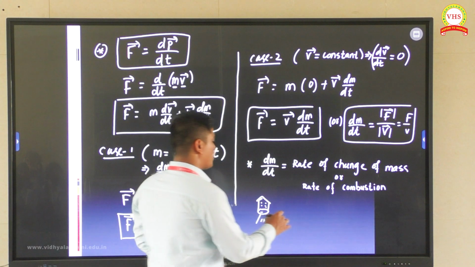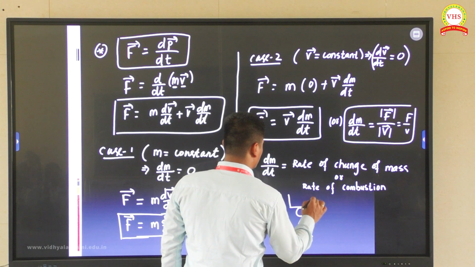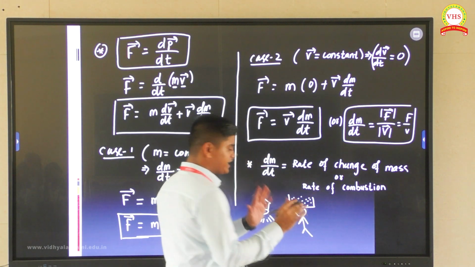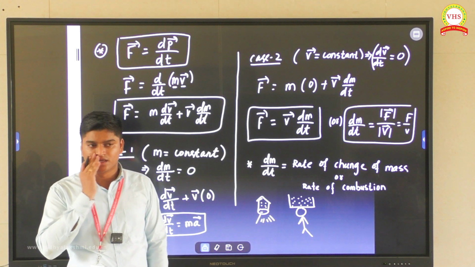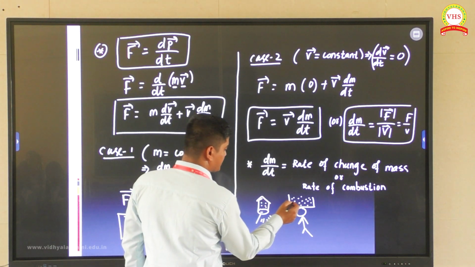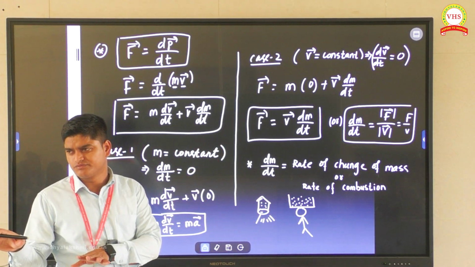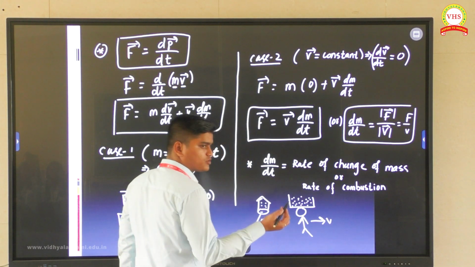Suppose one person is standing here. Listen, all of you. He is holding one container. In that container sand particles are there, or any dust, anything you take, or liquid, water, anything. Now suppose this person is moving with constant velocity v.